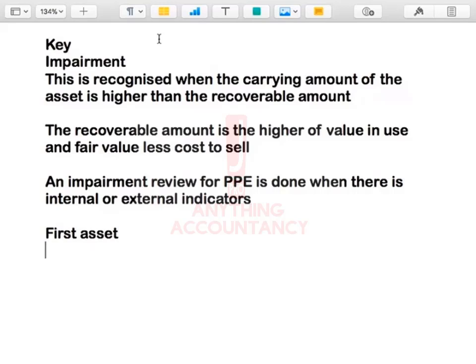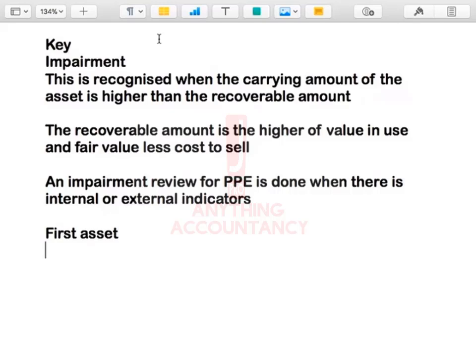Got it? Which is not the same as fair value less cost to sell. The moment they use the word fair value, it's market price, whereas NRV uses your selling price. So the points of reference are slightly different. Are you clear or not? So you must be very careful with the usage.